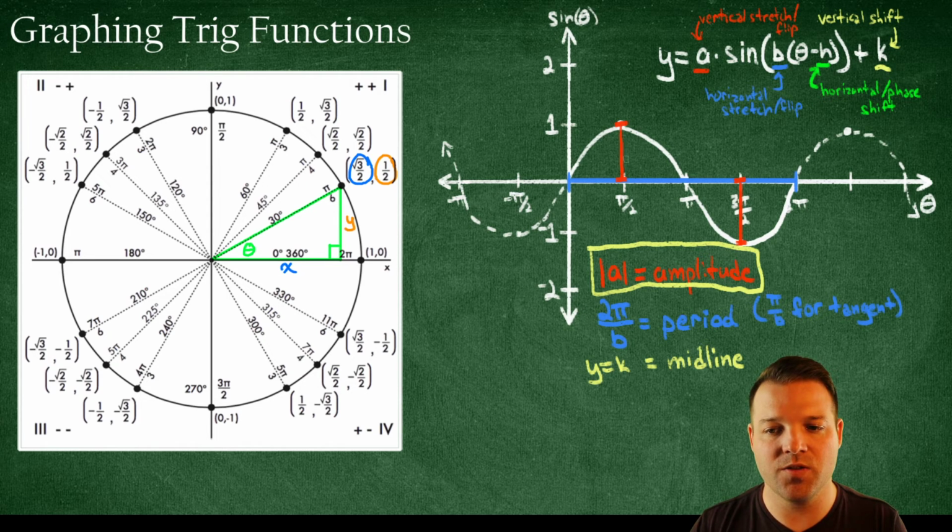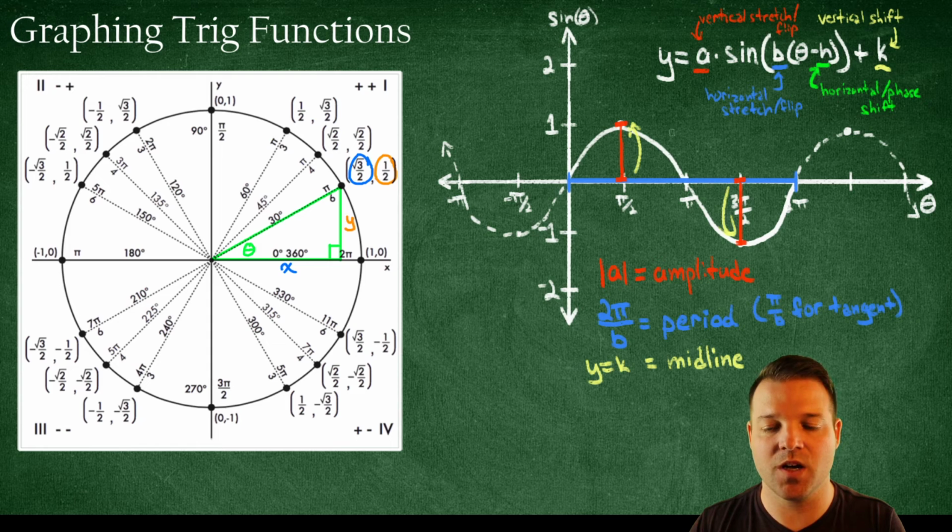You can see here the amplitude is from this midline, which is going through the center of this thing at y is equal to 0 in this case. From there you can go up by the amplitude or down by the amplitude. Amplitude is always positive, okay? So it's just the distance to the extremes from the midline, okay?